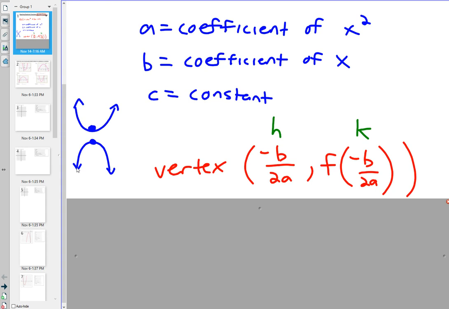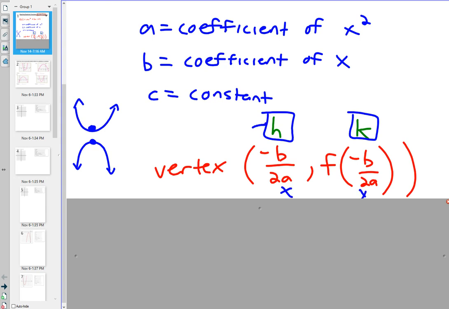Okay. See, normally I teach vertex form first, which is tomorrow. So that's where you would understand what this H and K means. But for today, even though you don't understand why we're doing it, let's suspend disbelief and just take my word for it. Because the vertex is a point, it has an x and a y.